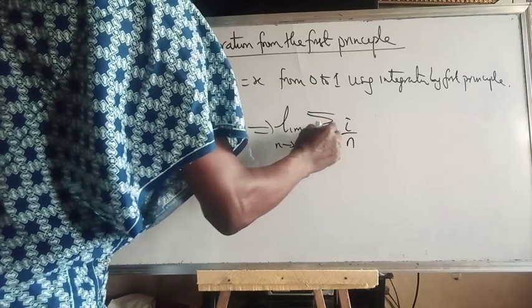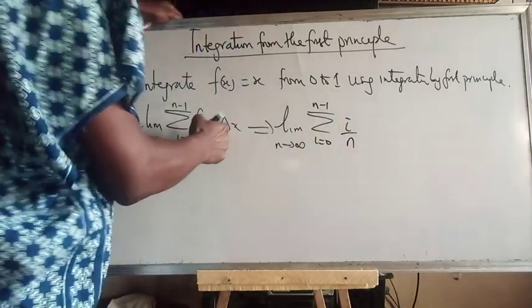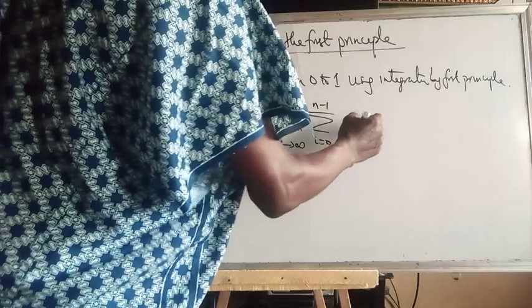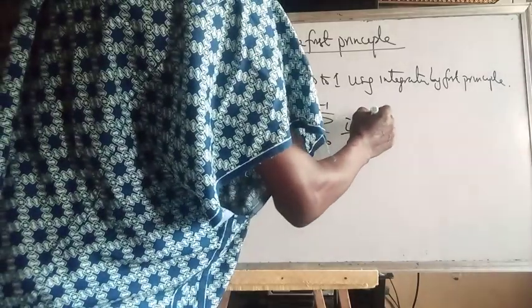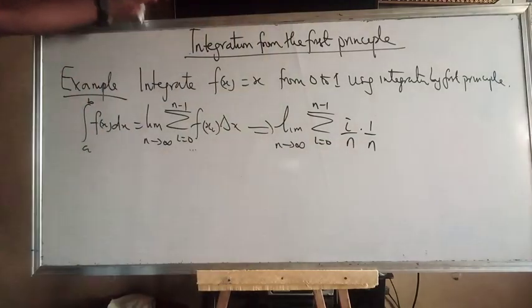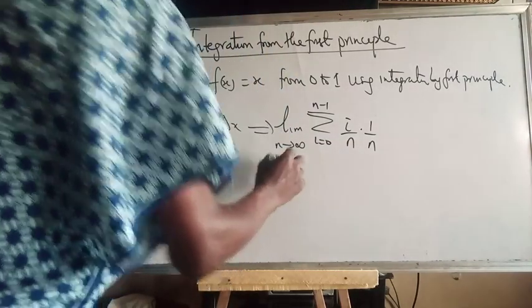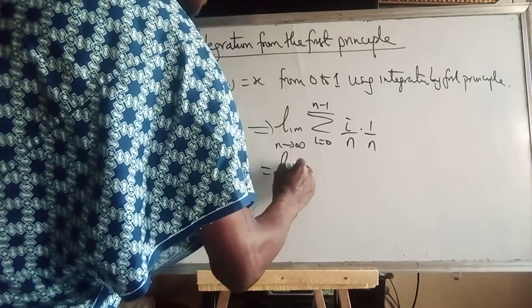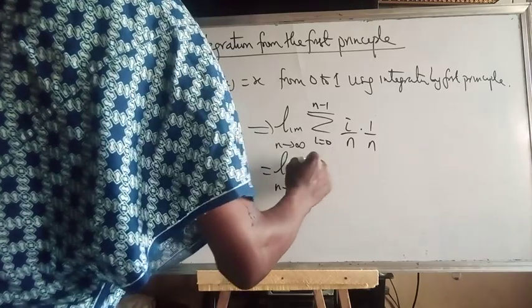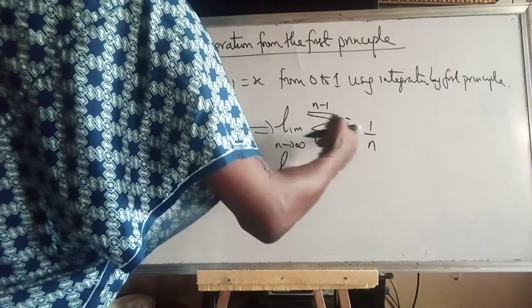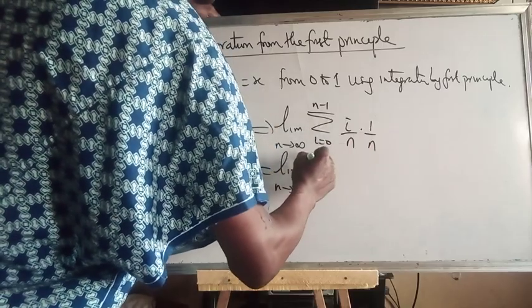Our i is moving from 0 to n minus 1, multiplied by change in x. Our change in x is what? It is 1 all over n that we have gotten before. So that will give us what? The limit as n tends to infinity, by the time you bring this on here, you're going to have what?